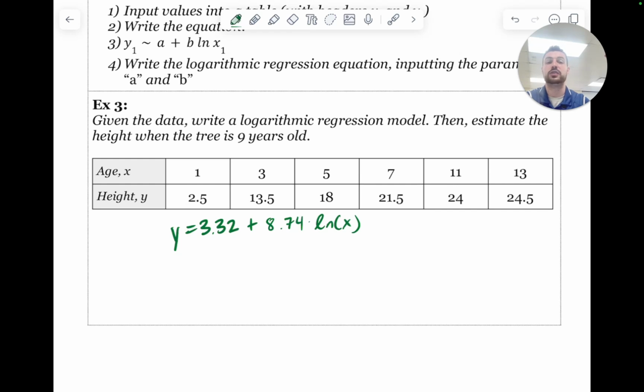And now all we need to do is estimate the height when the tree is 9 years old. So that's like if we had an extra position in this table right here for an x value of 9. So I'm going to take my equation and plug in 9 for x.